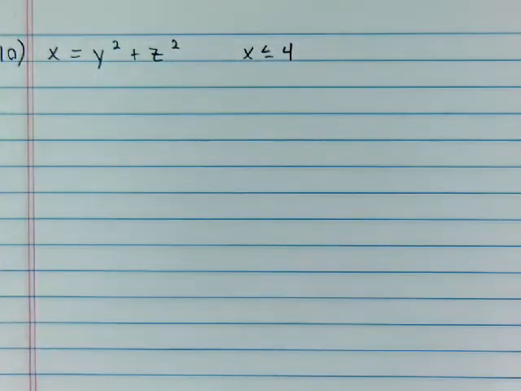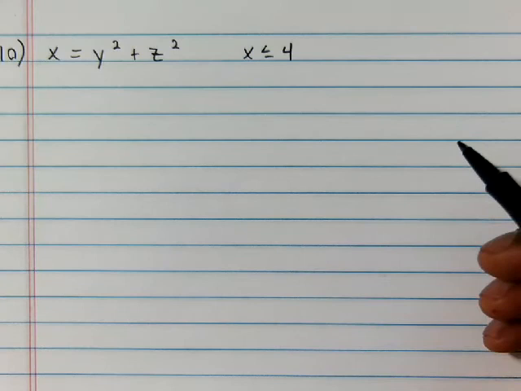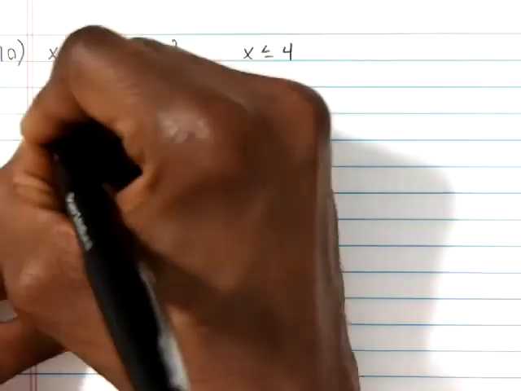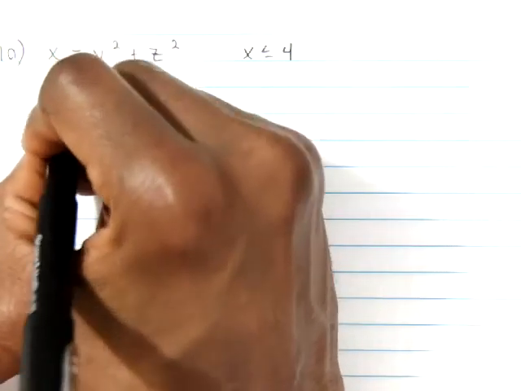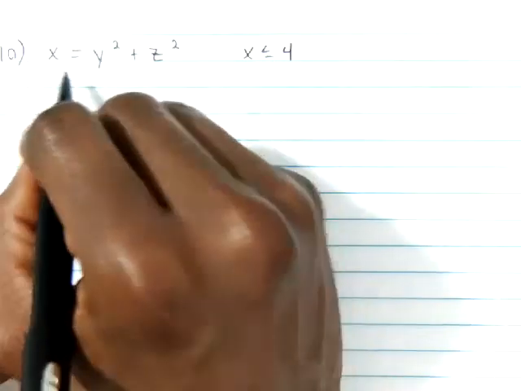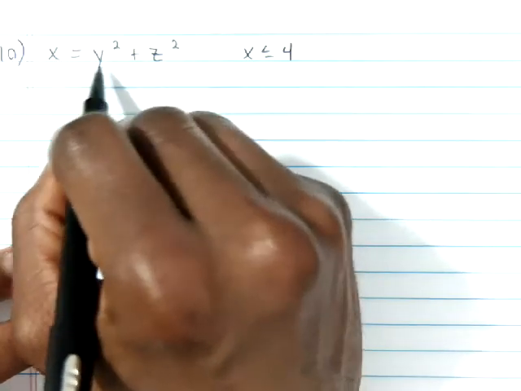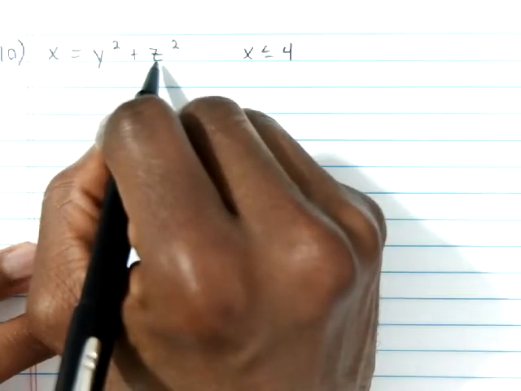All right, so if you saw this problem, what you should do every time you're asked for a parameterization is see, can I solve for x? Can I solve for y? Can I solve for z? And here the answer is yes. They've already solved for x for us. So the natural parameterization would be this: x equals x, y equals y, z equals z, x equals this. But that tells us y squared plus z squared is equal to x.